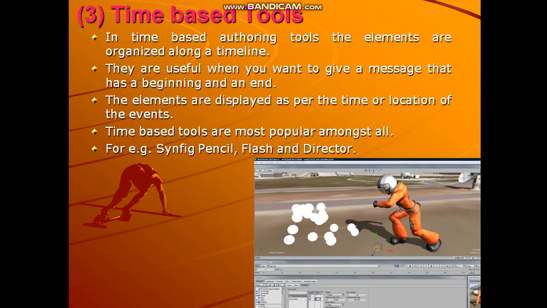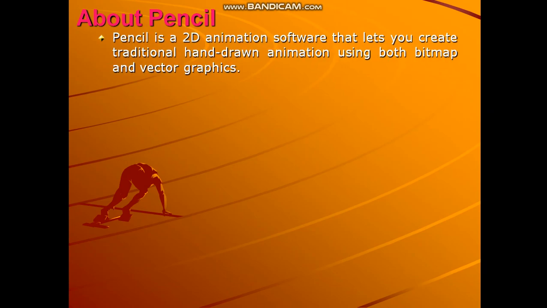So this is a Director program where you can create animation. Now Pencil software. We will discuss about Pencil software. Pencil is 2D animation software that lets you create traditional hand-drawn animation using both bitmap and vector graphics.